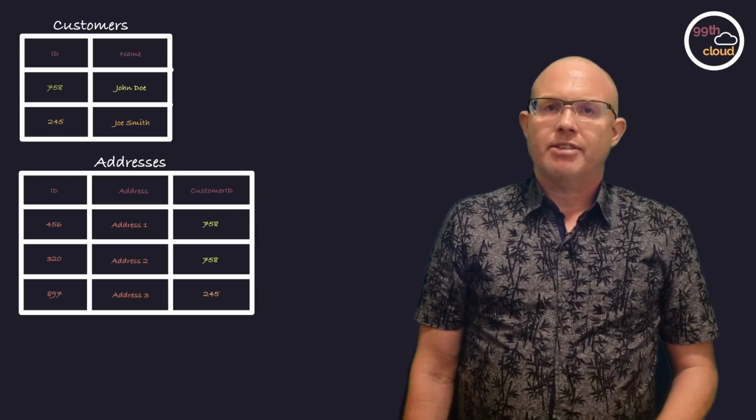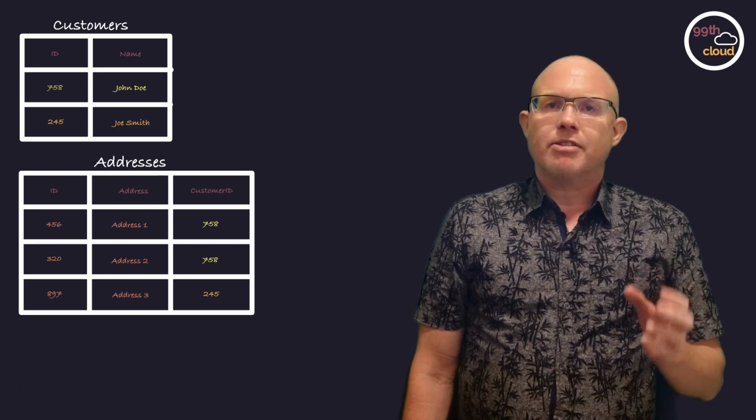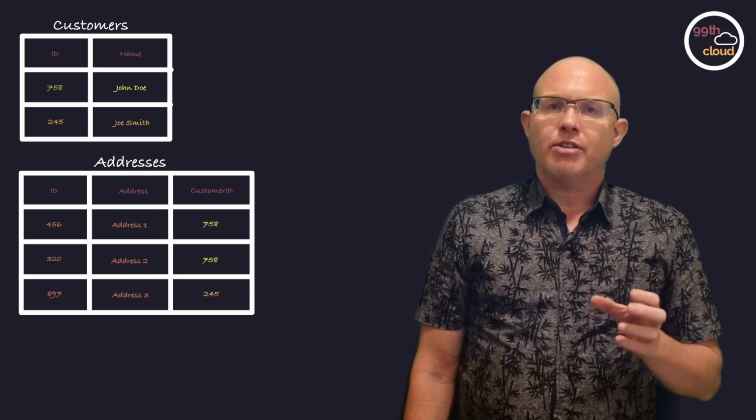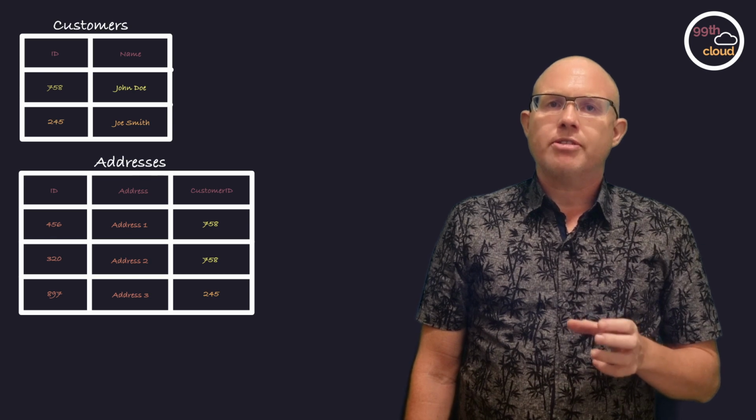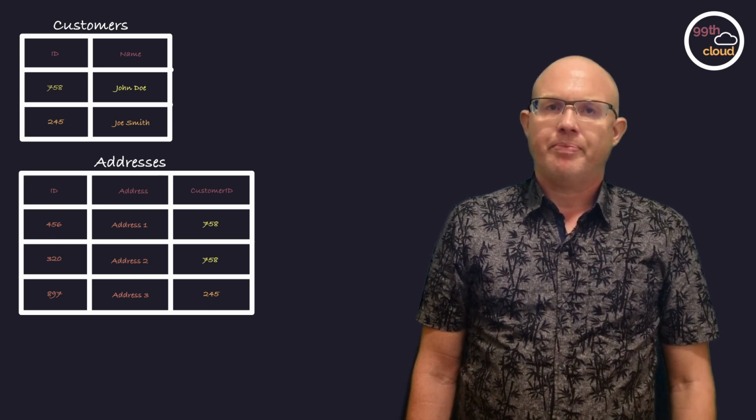Let's say you have a bunch of customers and each customer can have one or more addresses. So you decide to create two tables based on the entities. One table will be called customers and the other will be called addresses. Let's assume that you want to get a list of all addresses, which should also include the customer name.